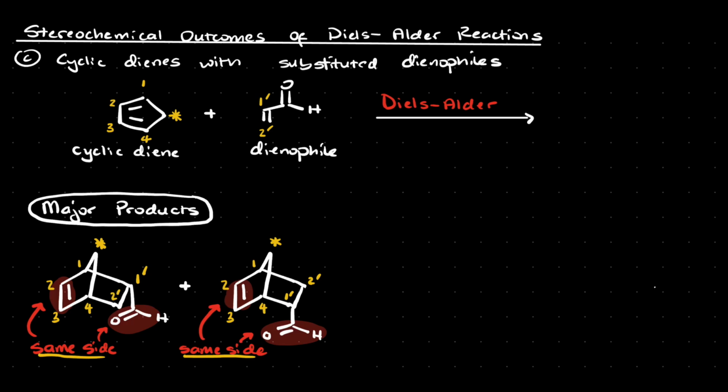So that pi bond that ends up forming between carbons 2 and 3, as opposed to the bridge between carbons 1 and 4. And so the question is sort of why? Why is that the major product of this reaction? But to do that, let's just go ahead and contrast this to what the minor products would look like.